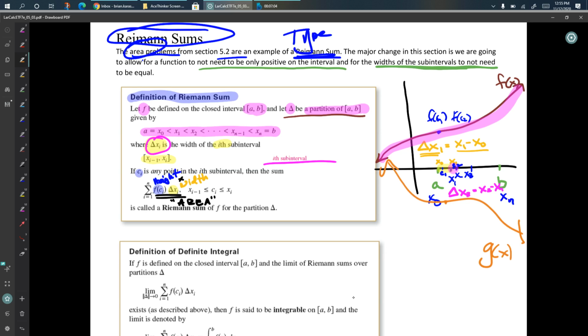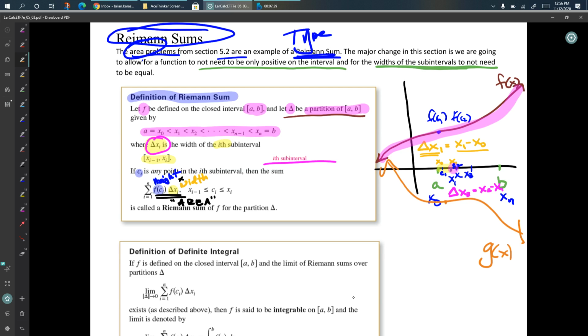Rectangles below the x-axis will give us negative area. And then when we add up all that area, we get the value of the Riemann sum. Positives and negatives cancel. So it would be possible to have a function where the area above was exactly the same as the area below, and you ended up with something that added up to a net zero.